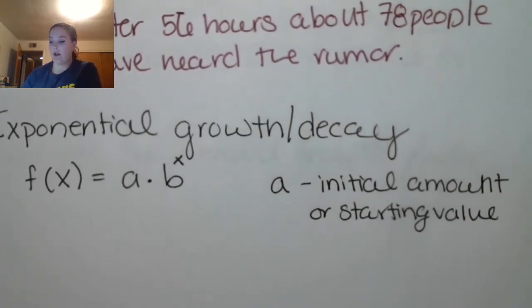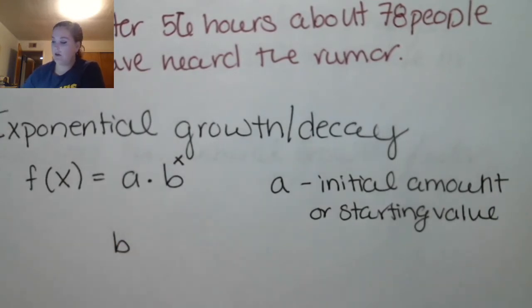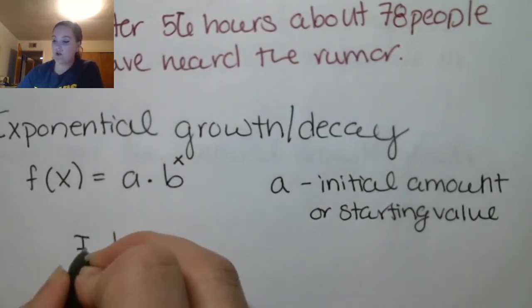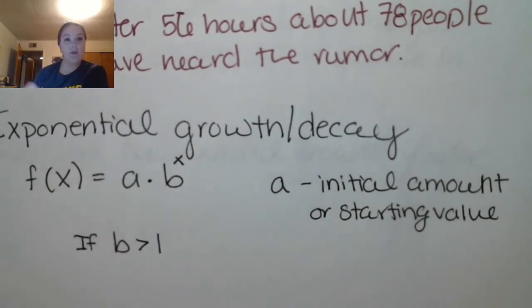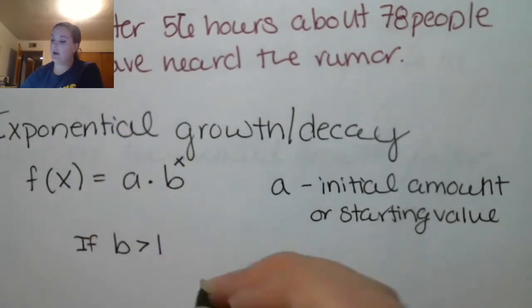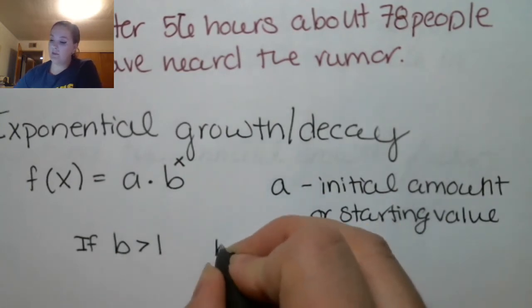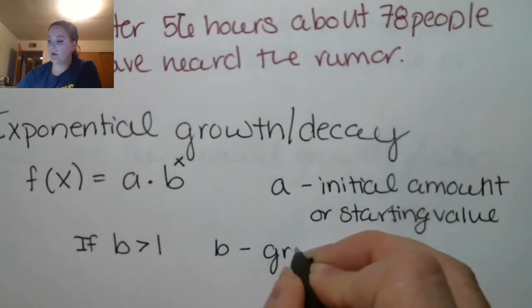Now b has 2 names. If b is bigger than 1, like our previous example where our b value was 3, then b is the growth rate.